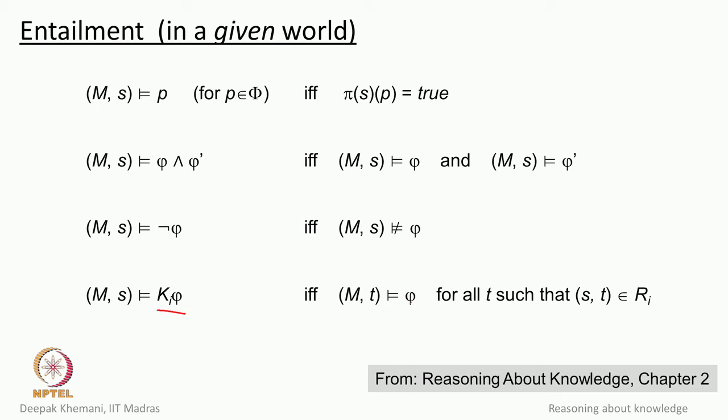So, when we are asking about K i phi, it is a modal operator. You are saying that if you can show phi to be true in all worlds T such that S T belongs to the relation for that agent essentially. In other words, in all the worlds that the agent cannot distinguish between, if that formula is true, then the agent knows that formula to be true essentially.